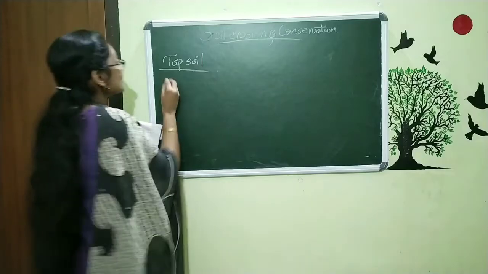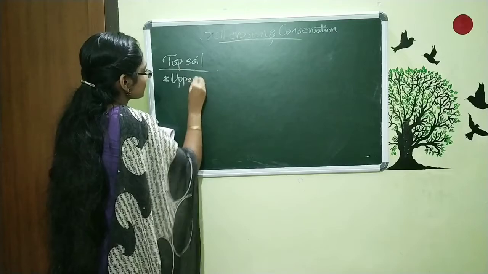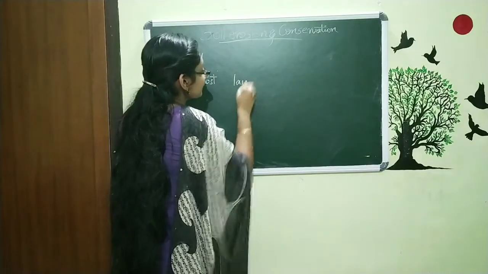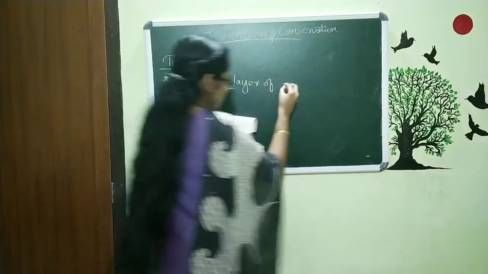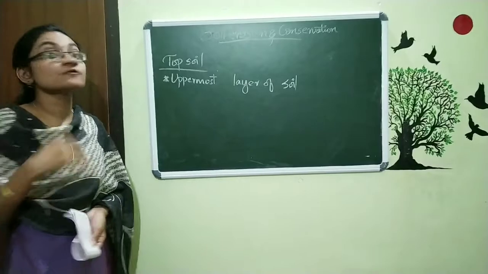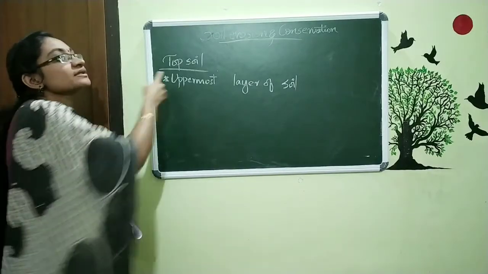So as the definition for topsoil, the uppermost layer of soil is called topsoil.